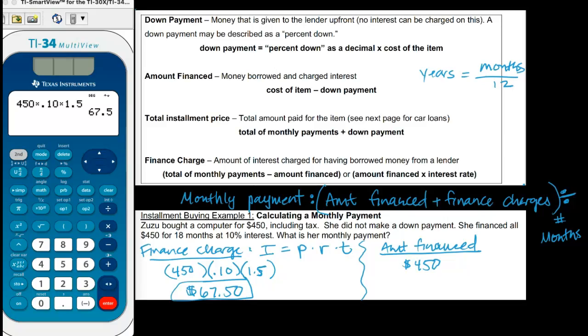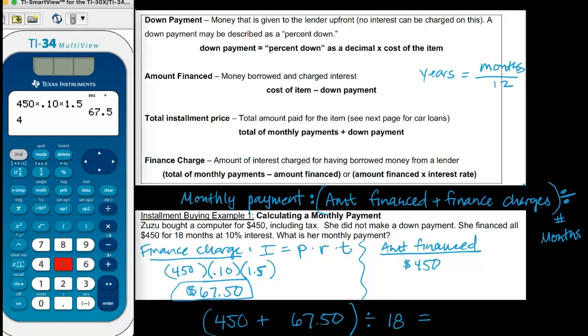To find the monthly payment, I'm going to take the amount financed, the $450, plus the $67.50. I'm following the formula that I wrote up here: amount financed, what we borrow, plus any extra charges. We add those together, that's kind of like our grand total, divided by the number of months that they want to pay. They're going to pay for 18 months, so we're going to divide it by 18.